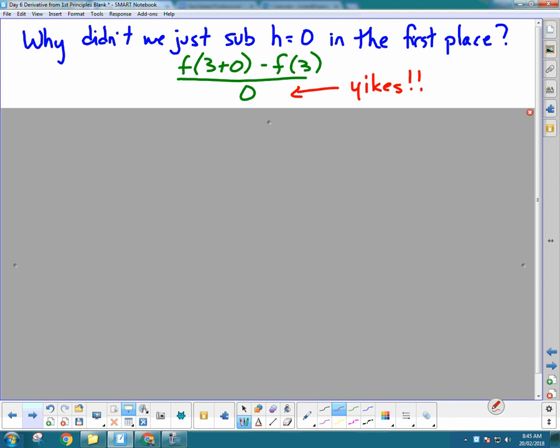So we couldn't plug in h equals 0 at the beginning because we'd be dividing by 0. Now luckily we plugged in h equals h, and then the h disappeared, right? It canceled out, and then we could sub in 0. But we kind of cheated by doing that.